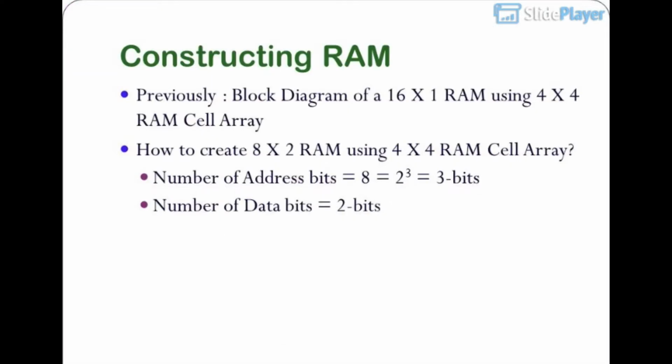Constructing RAM. Previously, we saw a block diagram of a 16 by 1 RAM using a 4 by 4 RAM cell array. How to create an 8 by 2 RAM using a 4 by 4 RAM cell array? Number of address bits: 8 = 2^3, so 3 bits. Number of data bits equals 2 bits.